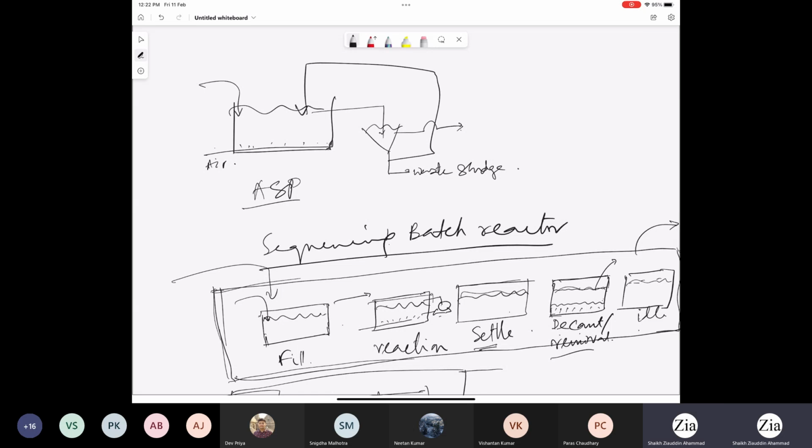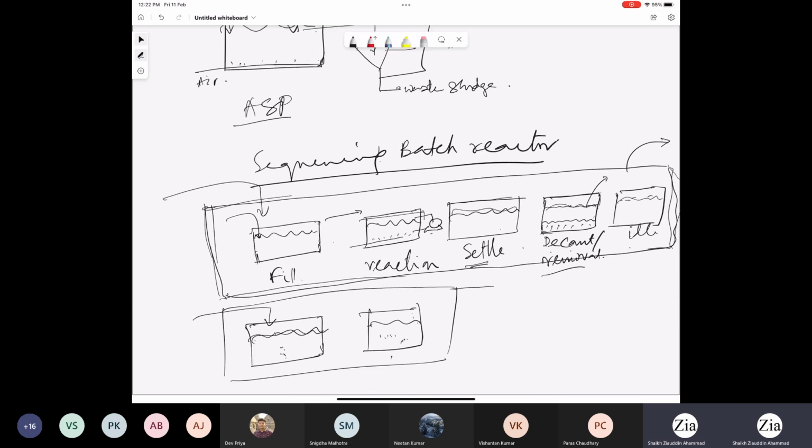Now you do this because if you need this bigger size reactor in multiple numbers, then maintenance of so many reactors will be very, very expensive. Whereas if your working volume is less, then you can still manage with this sequencing batch reactor.